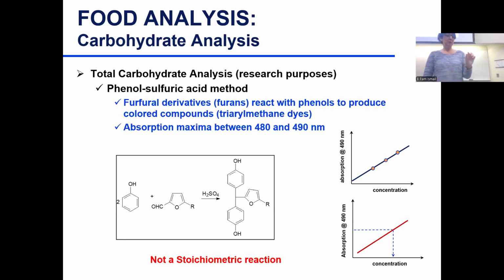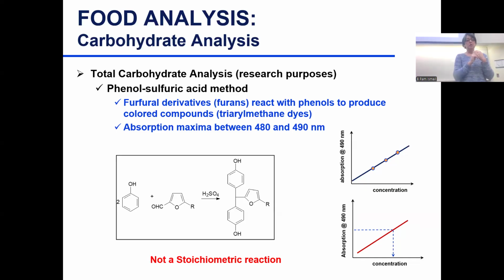So you would prepare different concentrations of glucose and prepare your standard curve, and then you do a series of dilutions so your sample fits the linear standard curve, and then you would estimate the sugar or carbohydrate concentration in your sample.